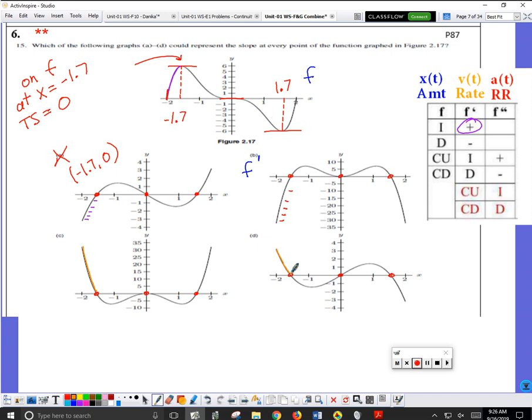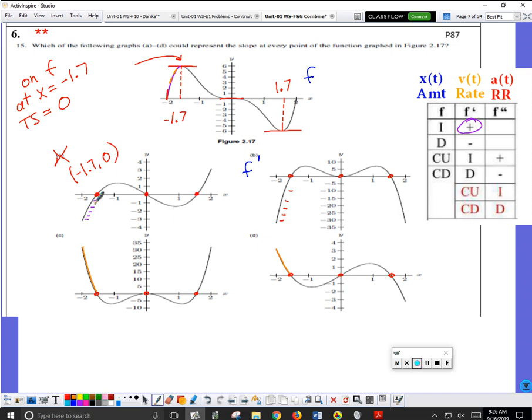Question? Wait, can you explain that one more time? So again, I'm looking at f, trying to find f prime. These y coordinates match with these tangent slopes. So if I draw tangents along here, every tangent that I draw, you tell me, is the slope of each of these tangents positive or negative? So that means the y coordinates down here in the same space must have positive values.